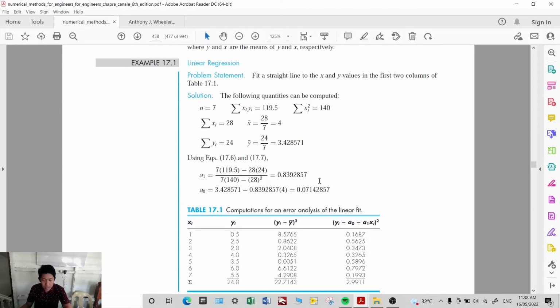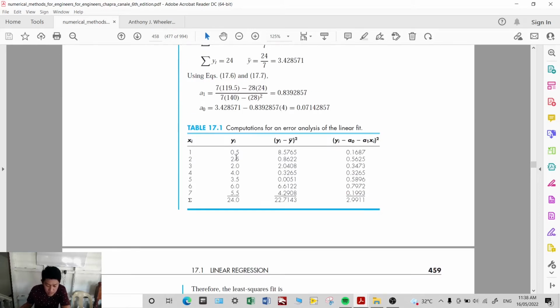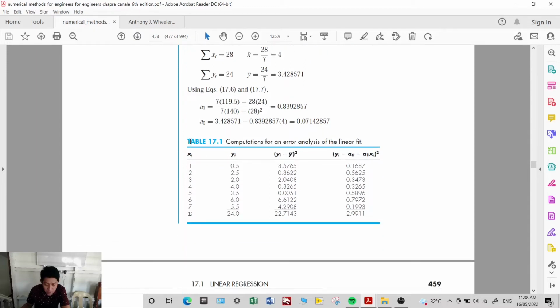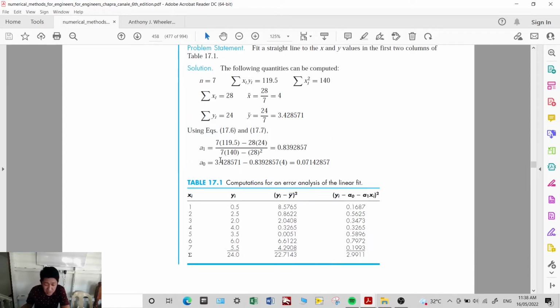Now, the best thing to do is first to graph these points and see whether you can do a linear regression, no? We will not do that, but instead we'll proceed on how to do the linear regression.